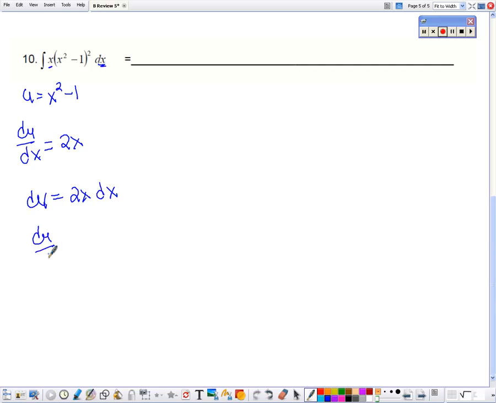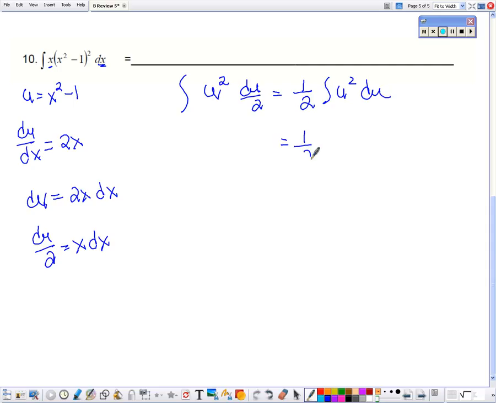So du over 2 is x dx. So rewriting my integral, I'm going to pull out that 1/2, take the antiderivative, combine my fractions, substitute back in for u, and there we have it.